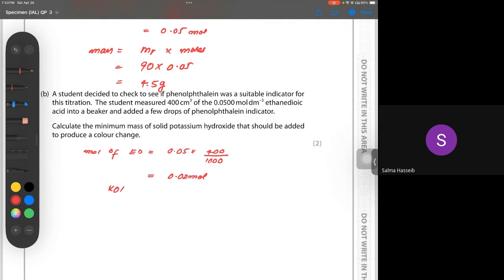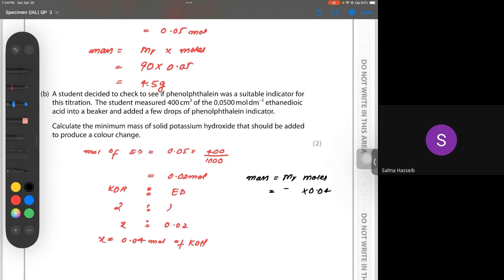Mole ratio between potassium hydroxide and ethane dioic acid was 2:1. I got the mole of this one. This would be X. X would be equal to 0.04 mole of KOH. I need to find the mass, which is equal to Mr times moles. I got the moles, that is 0.04 times Mr of potassium hydroxide. What's the Mr? K is 39 plus 16 plus 1.